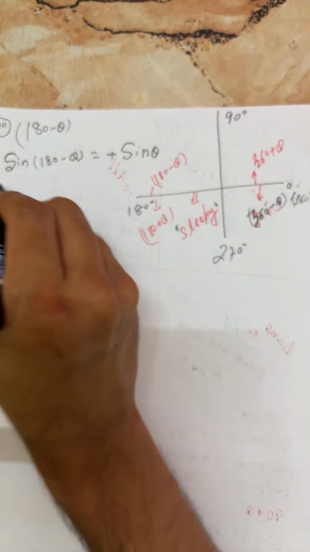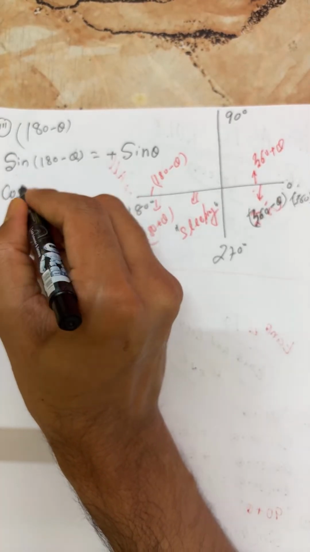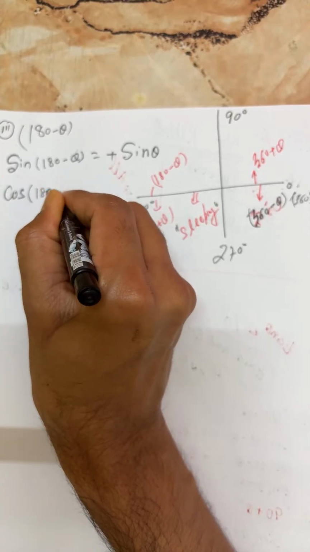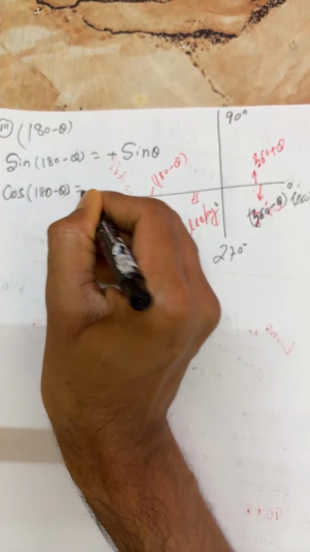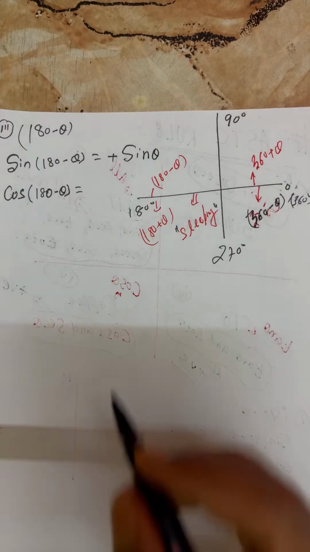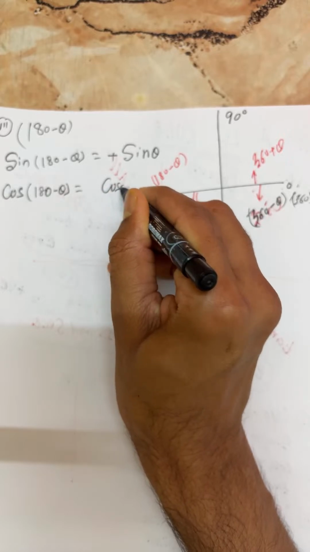Now next, answer me: cos of 180 degree minus theta. Answer quickly.